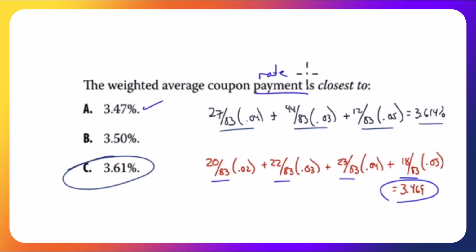Now, that is not a distinction made in the reading, so I find the question rather misleading. So if you calculated 3.614 and you got it wrong, yeah, I did it too. That was my understanding because, you know, this is using the actual bonds themselves.